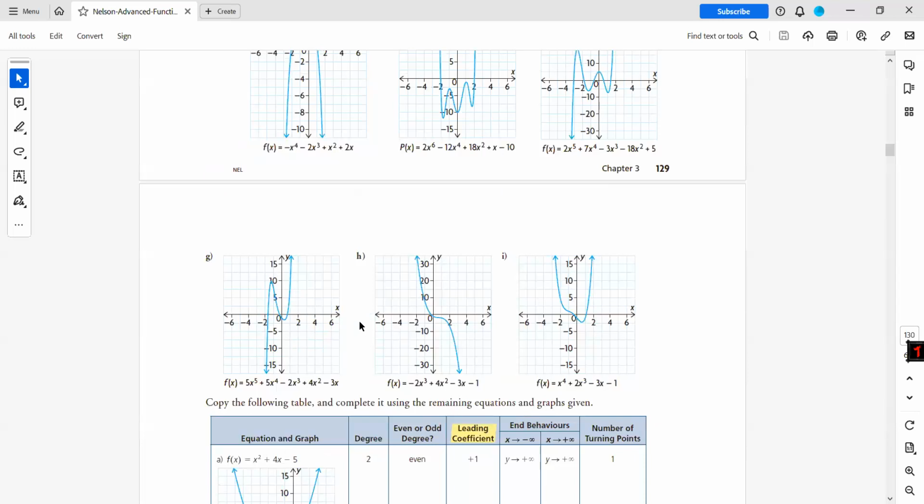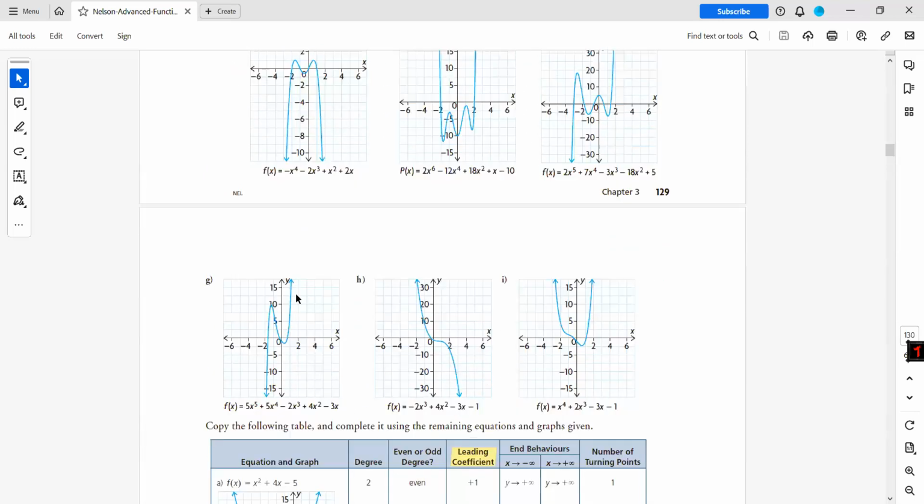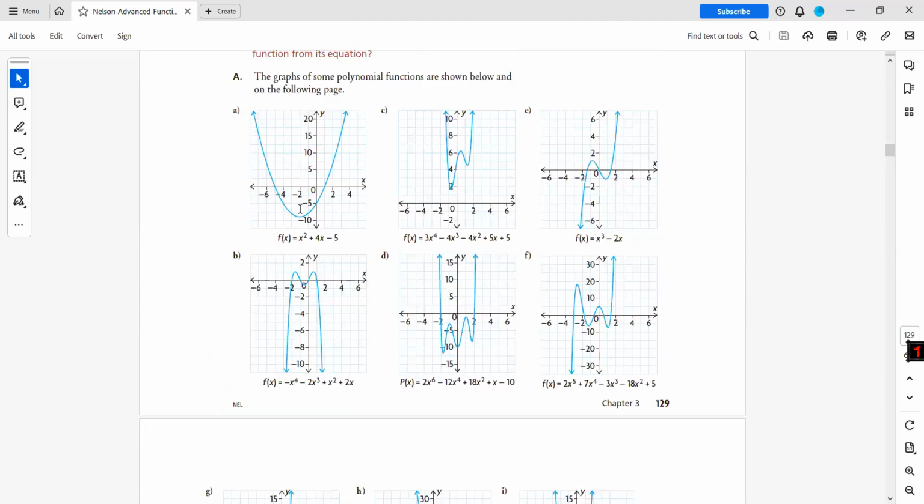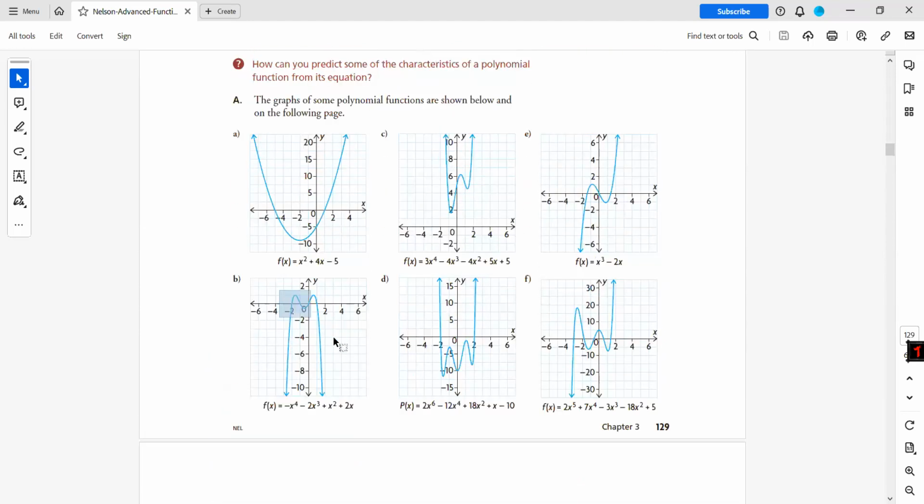If you look at the graphs, you can notice that not all the same functions have the same number of zeros. For example, this fourth degree polynomial function has 4 zeros, and this fourth degree polynomial function has no zeros, right? It's above the x-axis. So how could we predict it? That's the question.